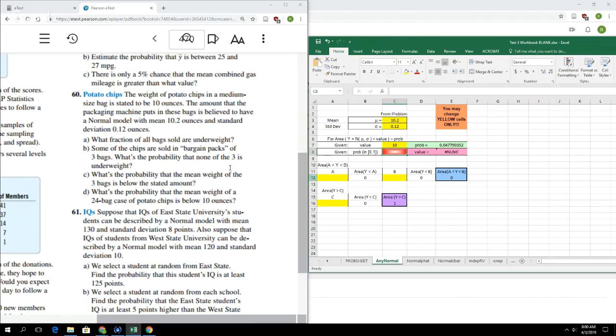Okay, so some chips are sold in bargain packs of 3 bags. What's the probability that none of the 3 is underweight? You could do that with a card counting probability argument.